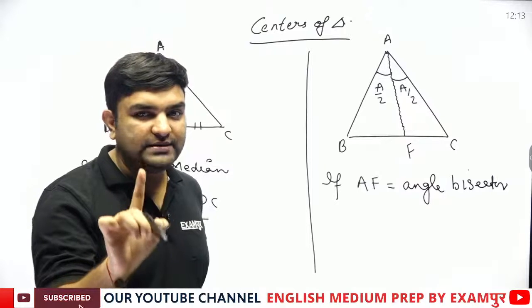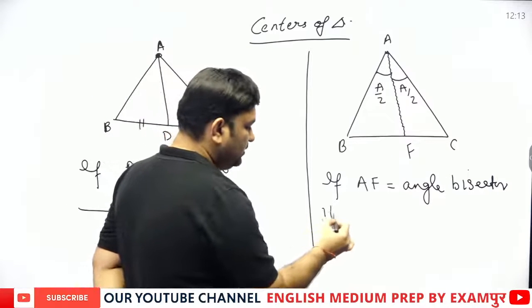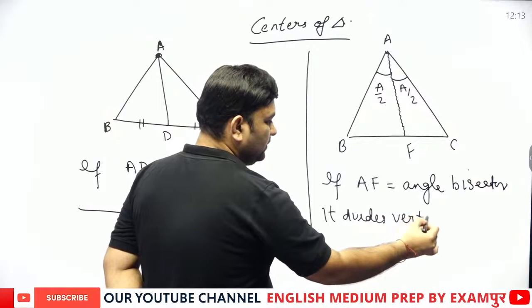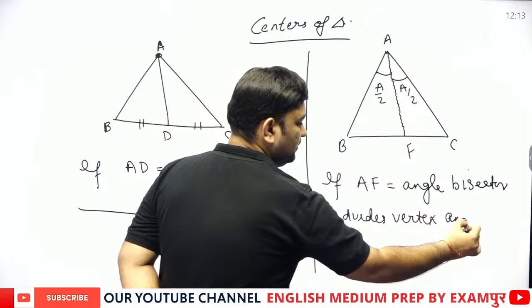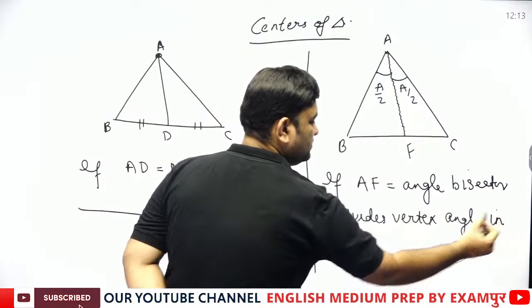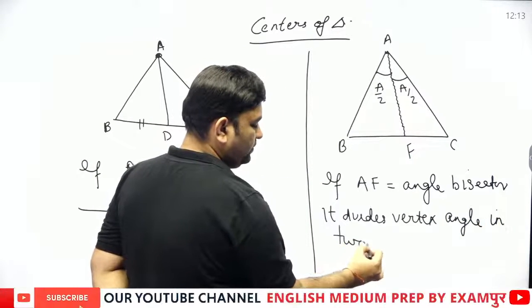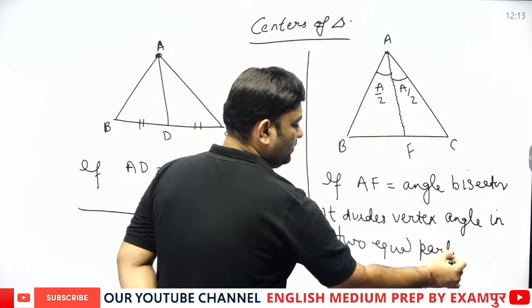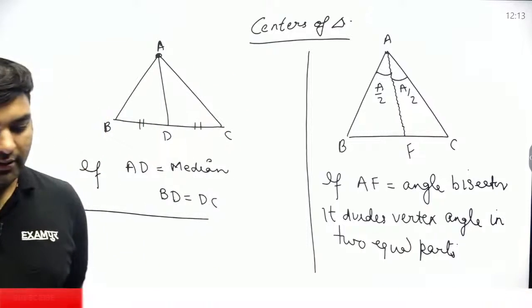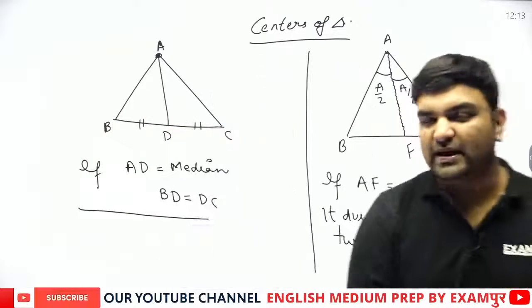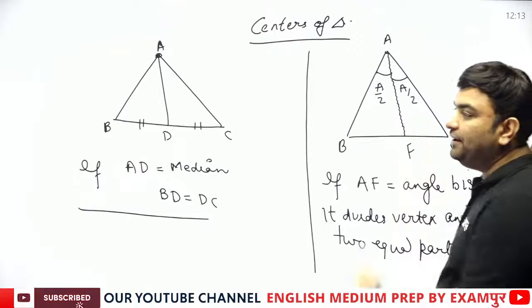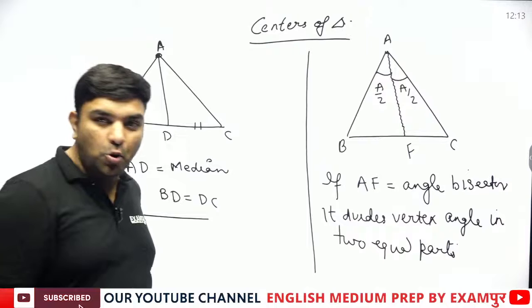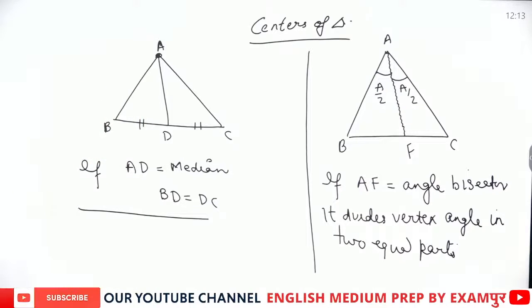So the angle bisector divides the vertex angle into two equal parts. Cool. Let's move on.